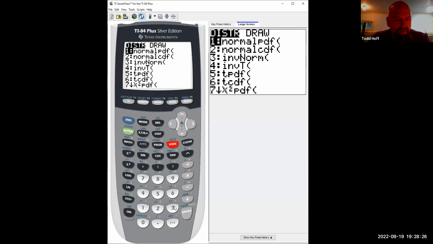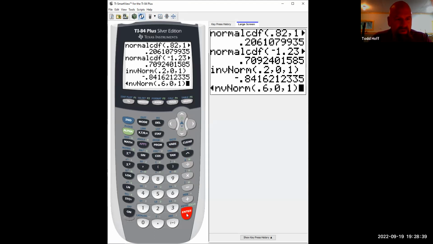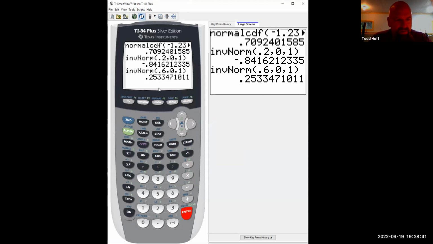Second distribution, inverse normal, less than 0.6. So again, the probability of being less than A equal to 0.6 is the same as the probability of being greater than A equal to 0.4. And we get 0.25 as that value for Z or for A.